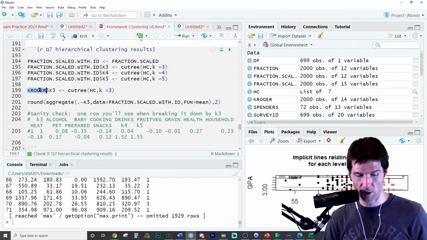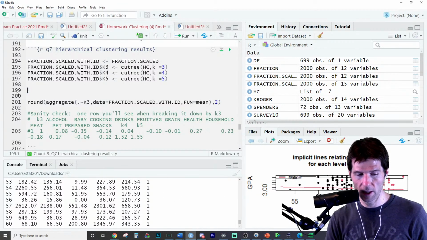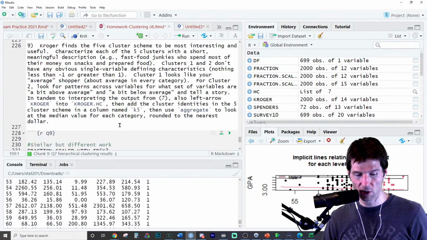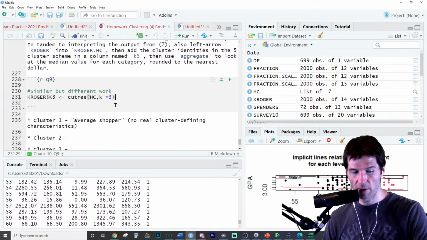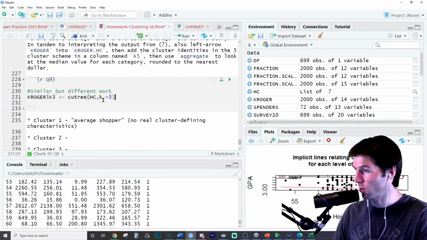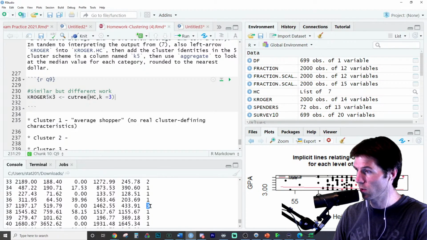And now I have the cluster data on the Kroger data. I probably want to do it down here, where it makes more sense to store the Kroger cluster IDs. That is going to store a variable, cluster 3 IDs, onto the end of the Kroger data frame, so we can see this person belongs to the 3rd cluster.